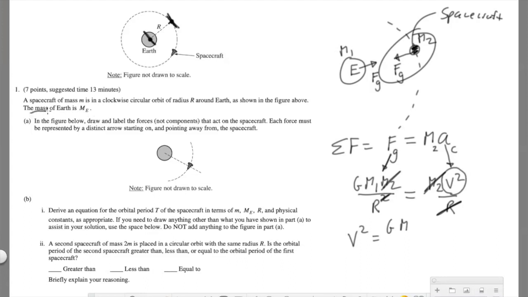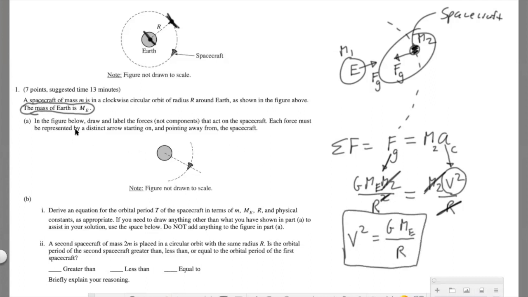They say right here the mass of the Earth is me, so let's just switch m1 to me, so we're using their variables. Although don't do that on the AP test. Don't switch variables midway through. I should not do that. And then over R. So this is going to answer most of the questions here.